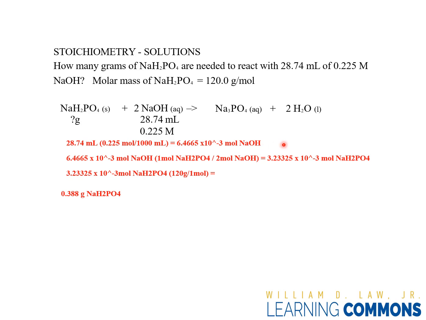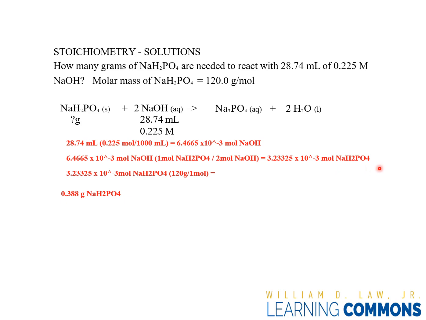After that, when we convert the sodium hydroxide to moles, I make the mole ratio between sodium hydroxide and sodium dihydrogen phosphate, 1 to 2, and after that we cancel the sodium hydroxide mole here and just leave sodium dihydrogen phosphate, and the final result is 3.2 times 10 to the power of minus 3 mole sodium dihydrogen phosphate.